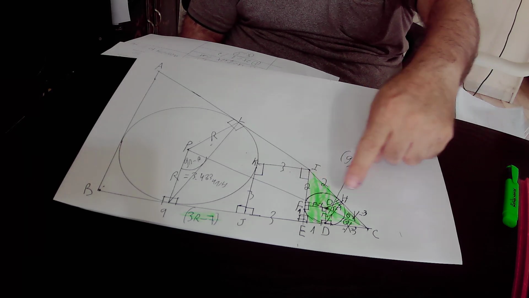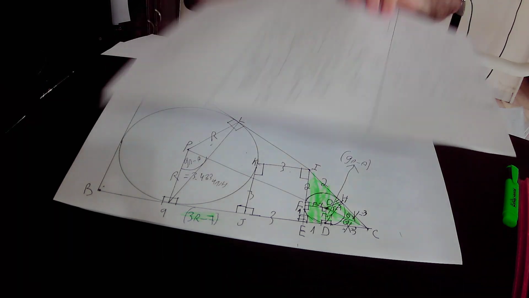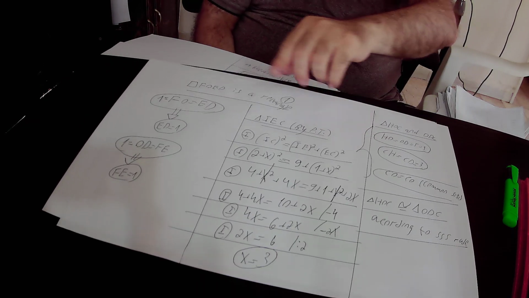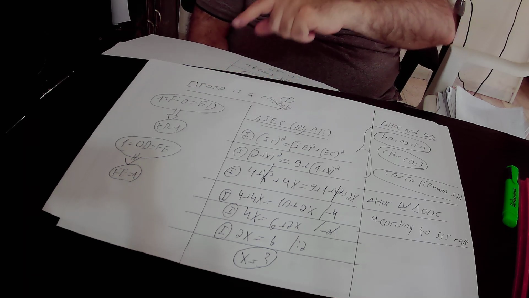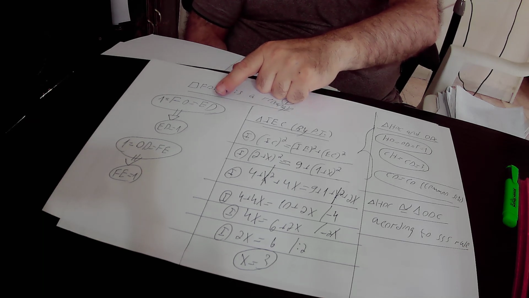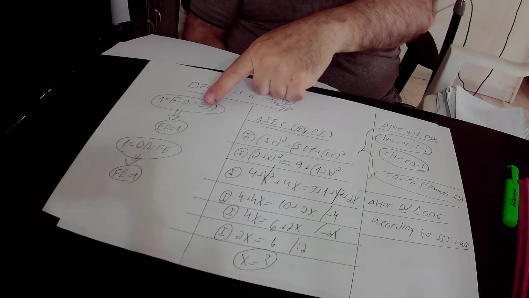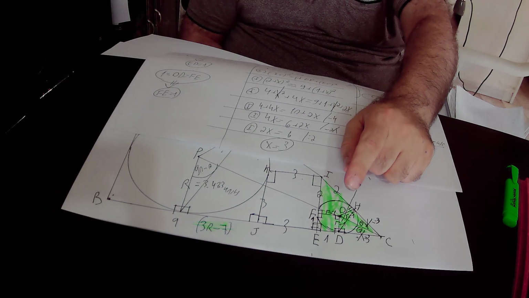That is to say, FO equals ED. But we know that FO equals 1, it is the radius of the circle. So from this equation, 1 equals FO equals ED, we derive that ED is also equal to 1 unit.